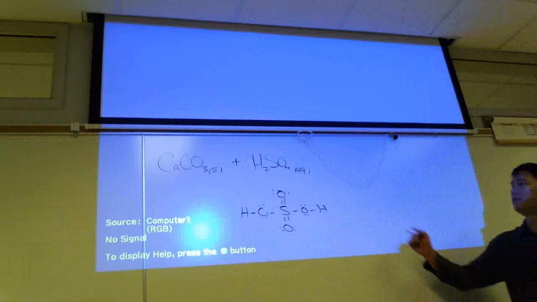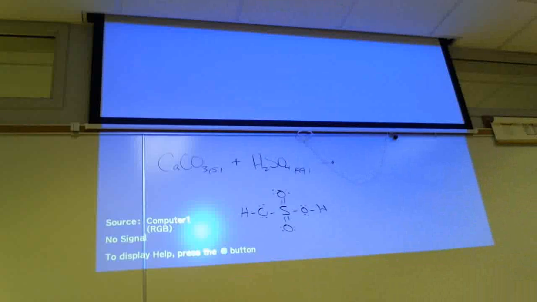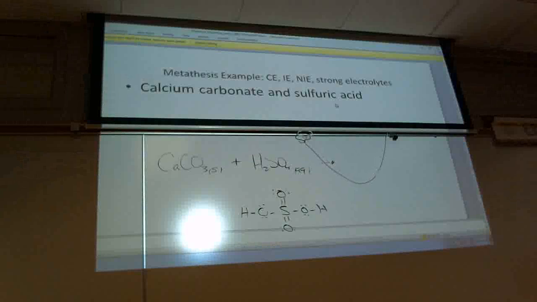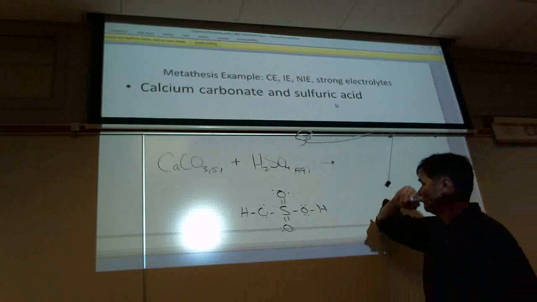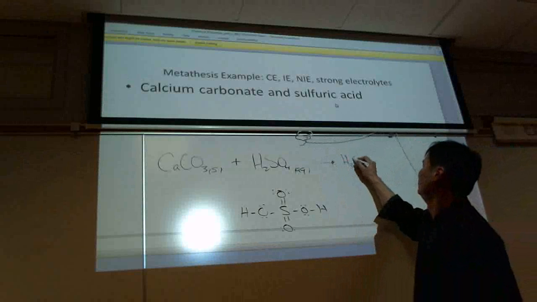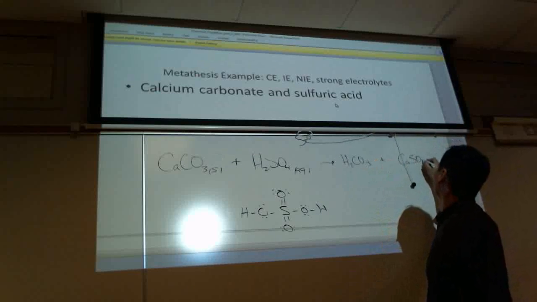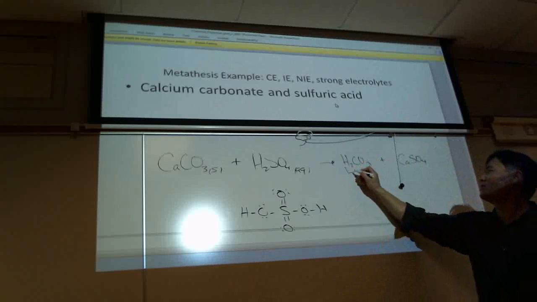All right, so what forms from this? Carbonic acid and calcium sulfate. Okay, carbonic acid, automatically you should know that this stuff is unstable.